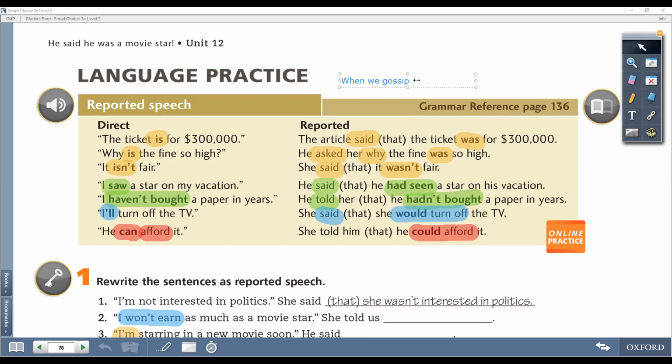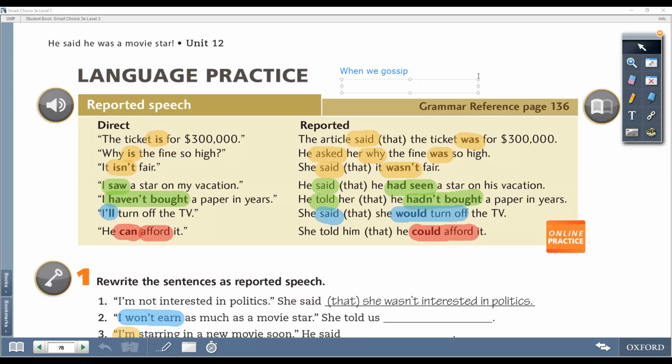But there are other situations that we use when we say what somebody else said, okay? Not only when we gossip. When we gossip, yes, okay. But also, for example, journalists, when we watch the news report, we can see that sometimes they say what people said. They say what politicians said. They say what celebrities said.